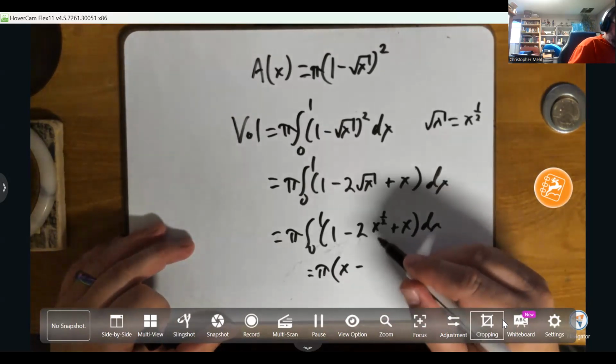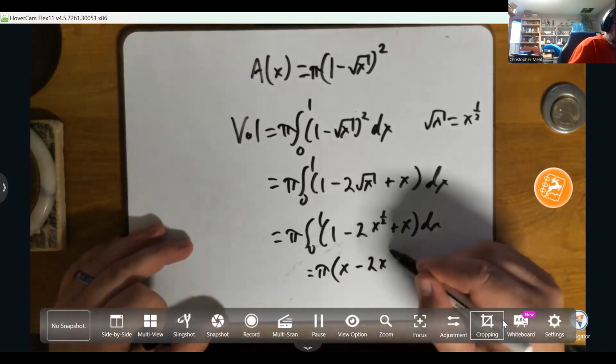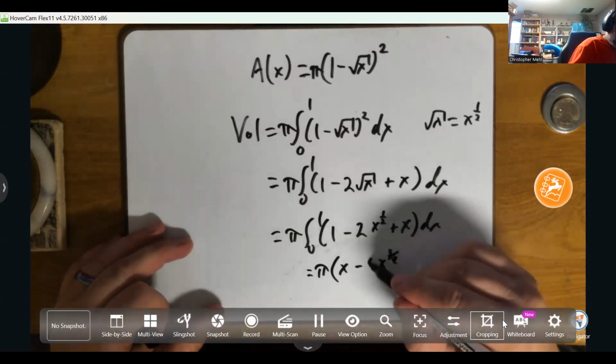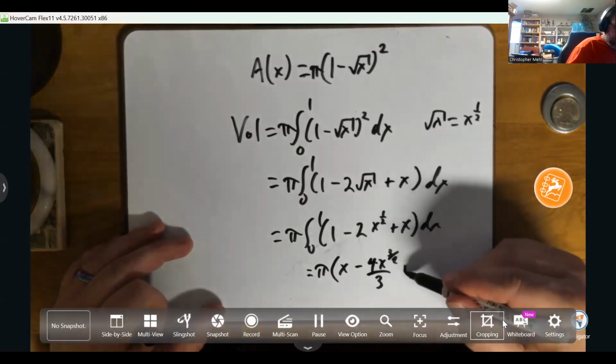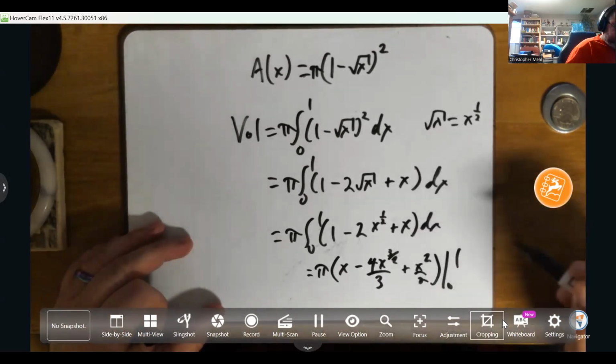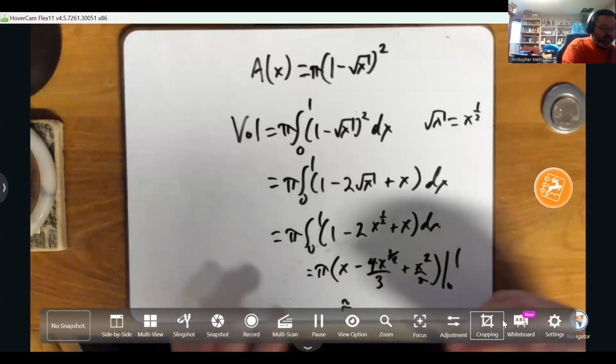So x to the 1/2 plus 1, so that's x to the 3/2 divided by 3/2, between 0 and 1. And I think that works out to be like pi over 6.